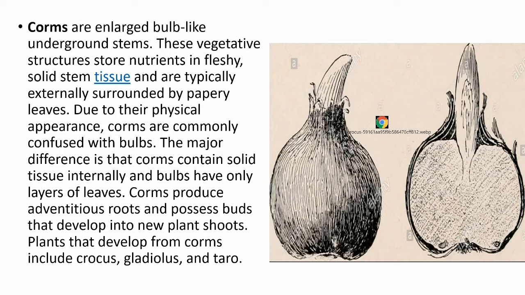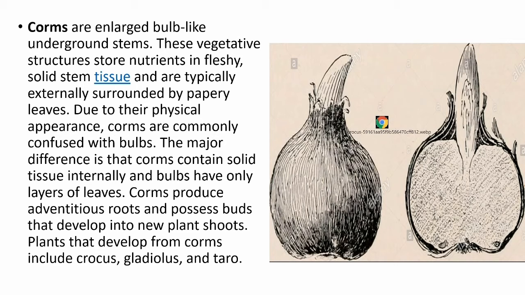Then another structure, we have the corms. The corms are enlarged bulb-like structures which form underground. They are enlarged bulb-like underground stems. These vegetative structures store nutrients in fleshy solid stem tissues and are typically externally surrounded by papery leaves. You have a kind of leaf structure around this.